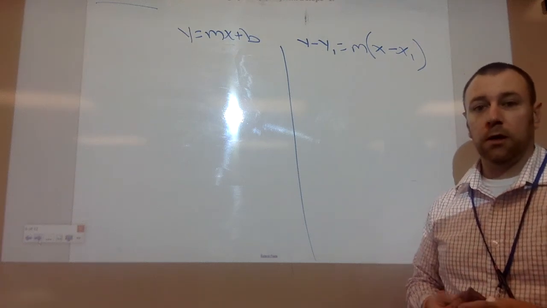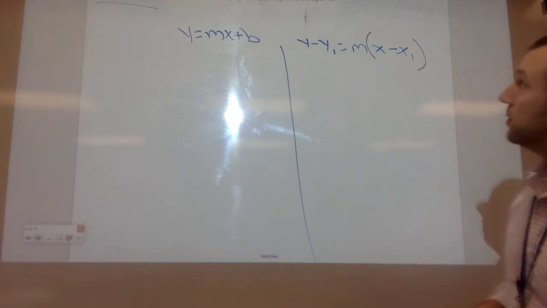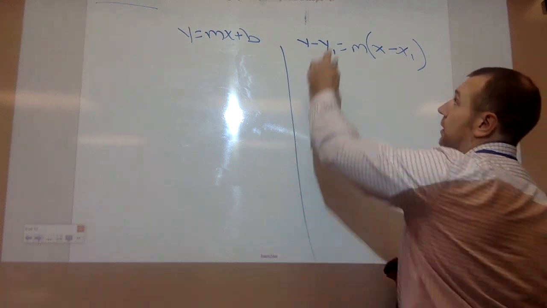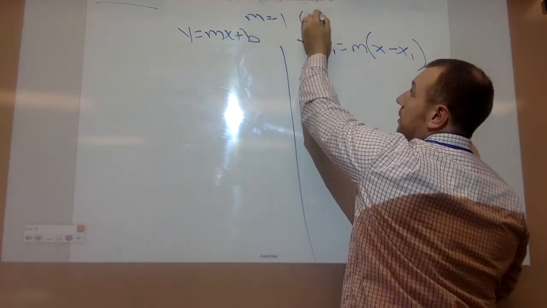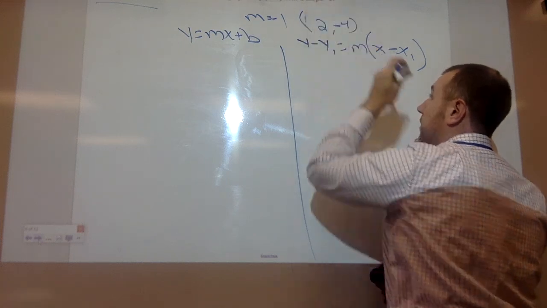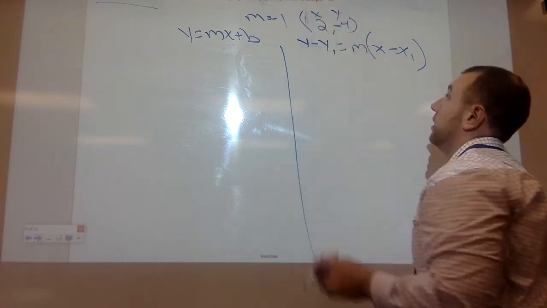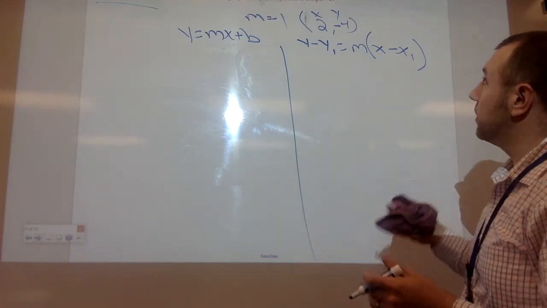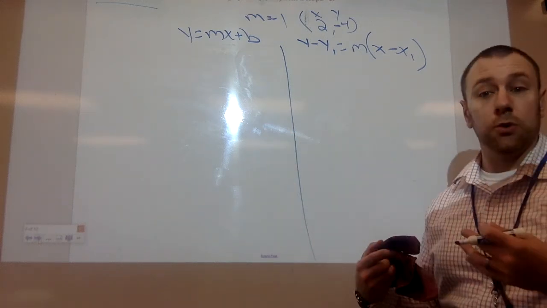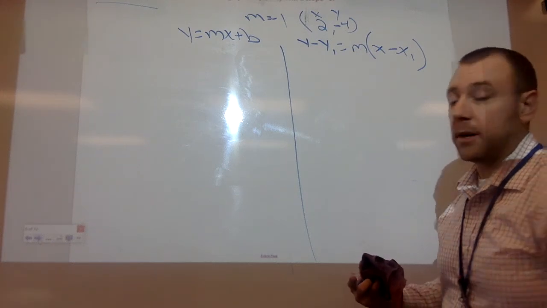So, one more problem with this. I have a slope, or an m, of -1 and a point 2, -4, so x, y. Both methods work both ways, so you need to choose whichever way you want to remember how to do this.